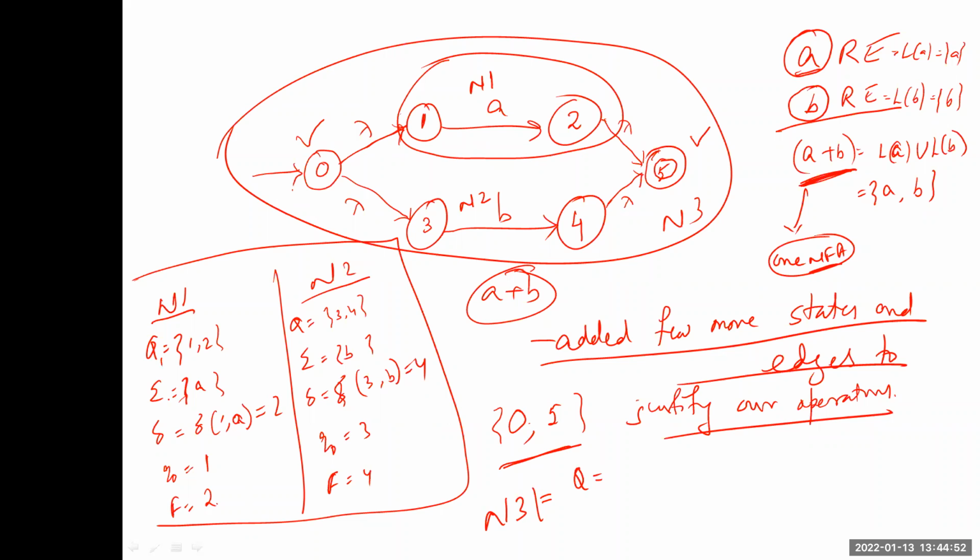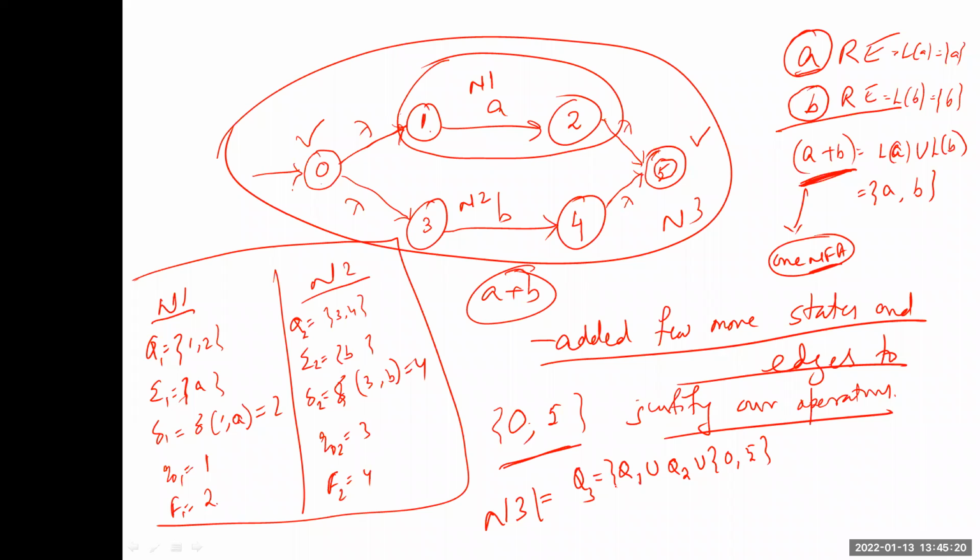Let me put it in a different way: Q1, sigma 1, all these ones, here it is 2, and let's say this is 3. Now Q3 contains what? 0, 1, 2, 3, 4, and 5. Now can I write Q3 is equal to Q1 union Q2 union {0, 5}?